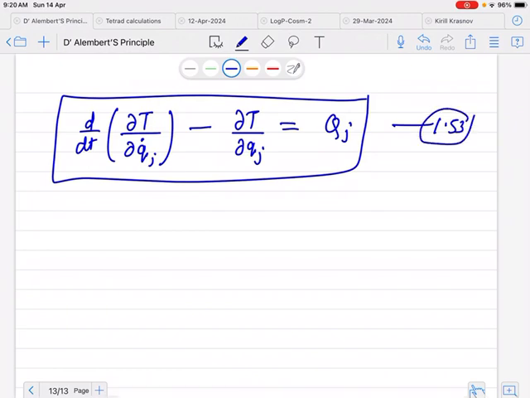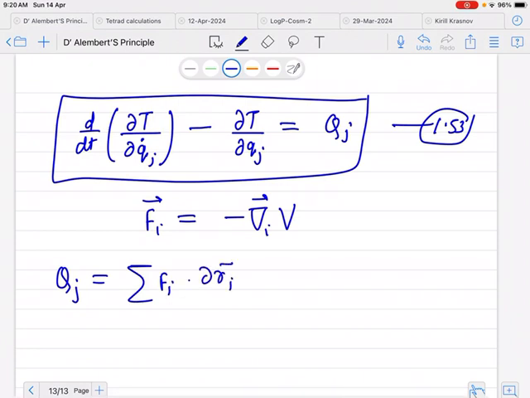Okay, and when the forces are derivable from a scalar potential, suppose the forces we can write as the gradient of some potential, a scalar function, then this generalized force Qj is equal to Fi dot del ri over del qj, which can be written in terms of the potential or scalar function.